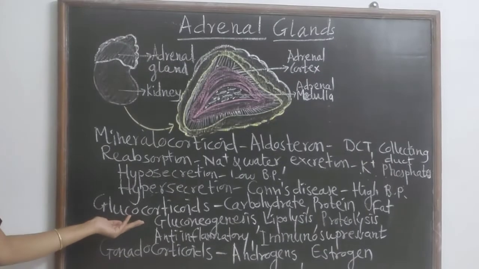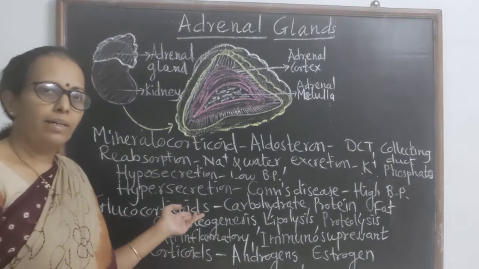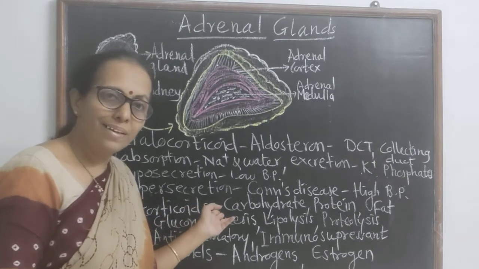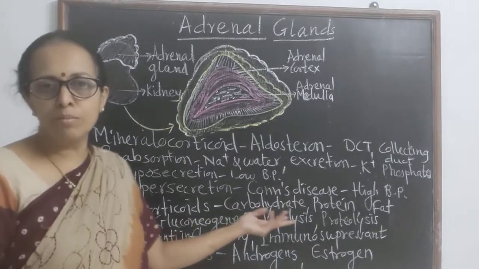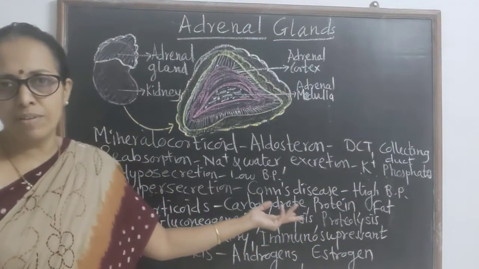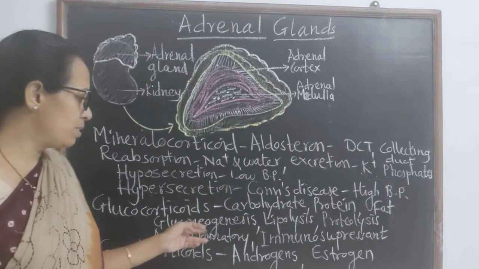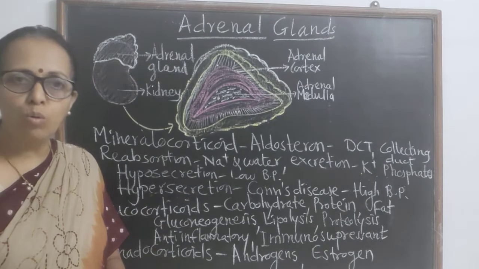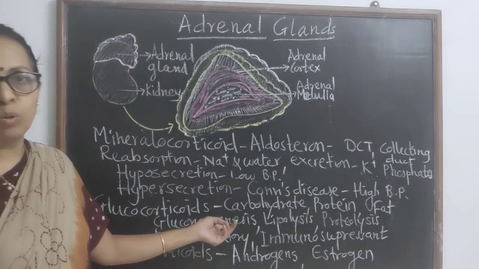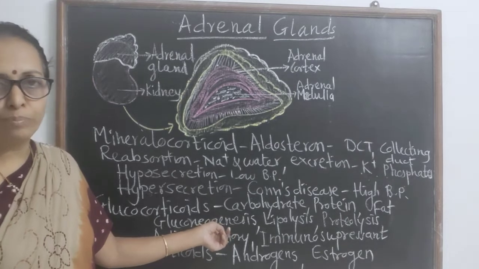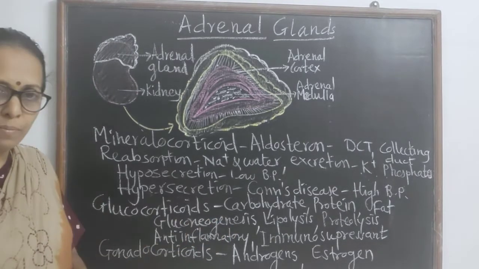The second hormone, we call it glucocorticoid, or what I rightly said, the life-saving hormone. It is involved in the metabolism of carbohydrates, proteins as well as fats. In the case of carbohydrates, it plays a role in gluconeogenesis, that is, the soluble glucose in the blood is increased by this process.